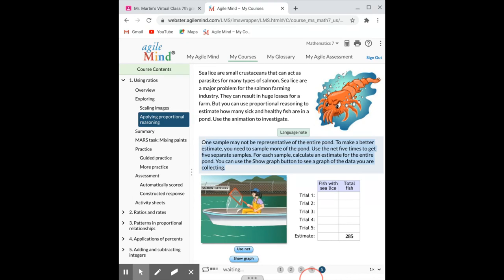One sample may be representative of the entire pond. To make a better estimate, you need to sample more of the pond. Use the net 5 times to get 5 separate samples. For each sample, calculate an estimate for the entire pond. You can show the graph button to see a graph of the data you are collecting.